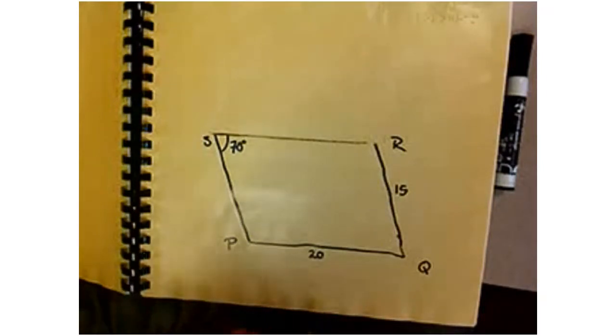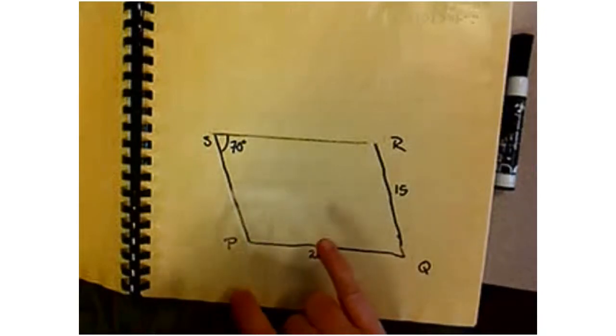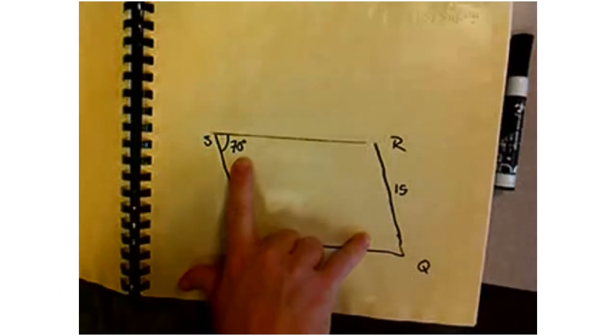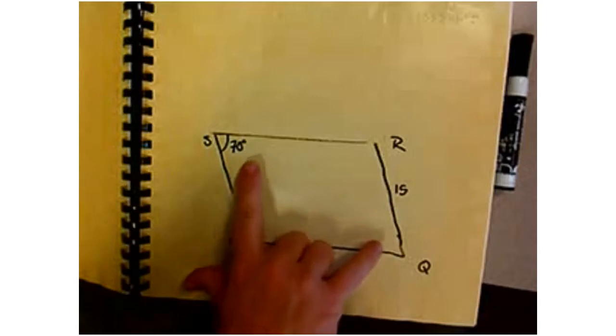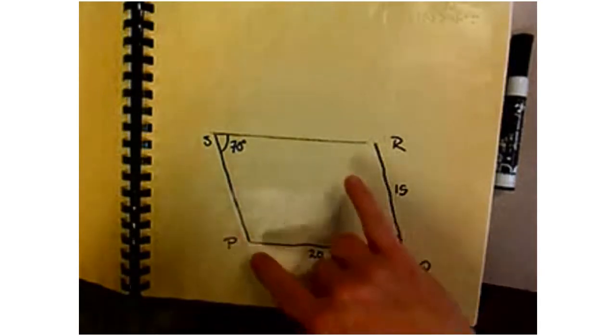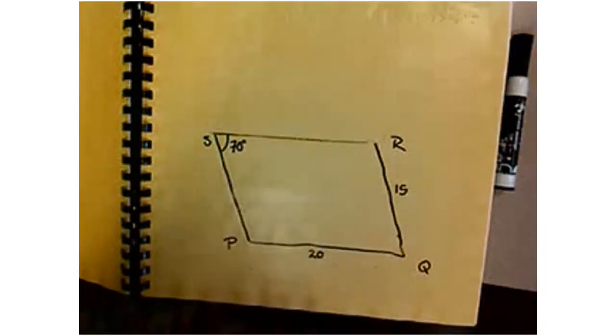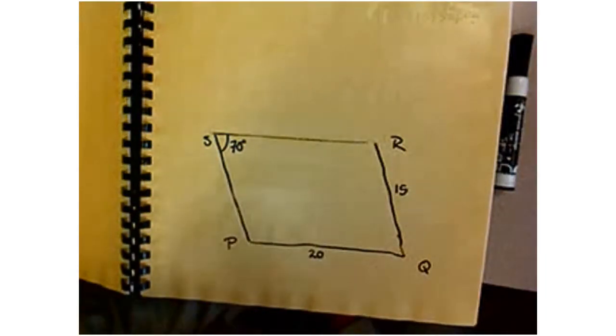So if we know a parallelogram is going to have two sets of congruent angles, then two of them will have the same measure, and two of them will have the same measure, or two consecutive ones will add up to 180 each, and 180 plus 180 is 360.